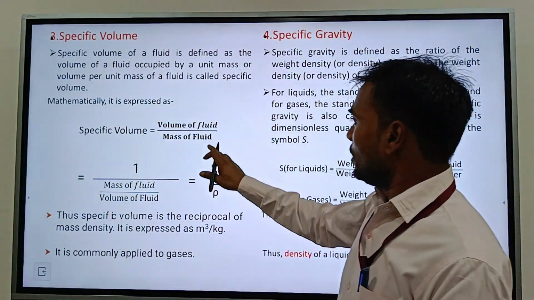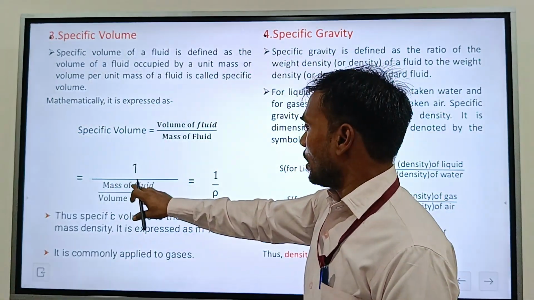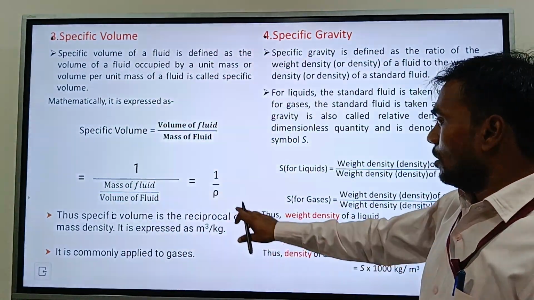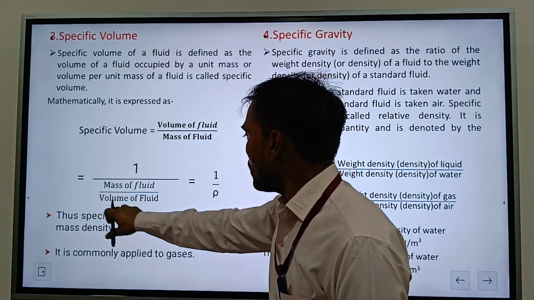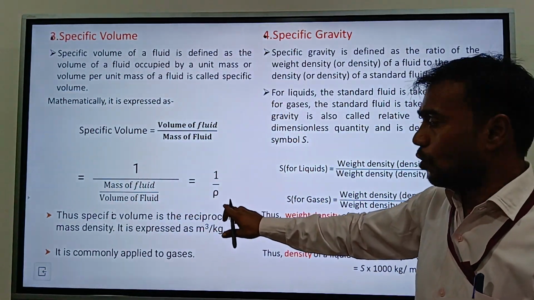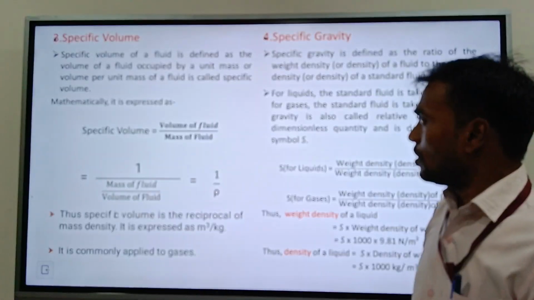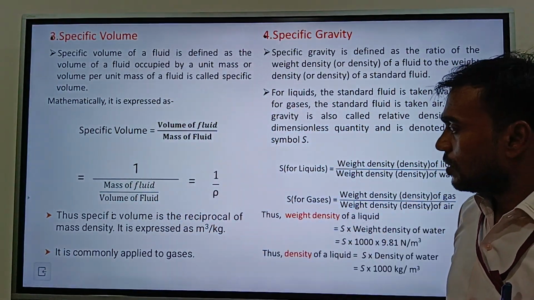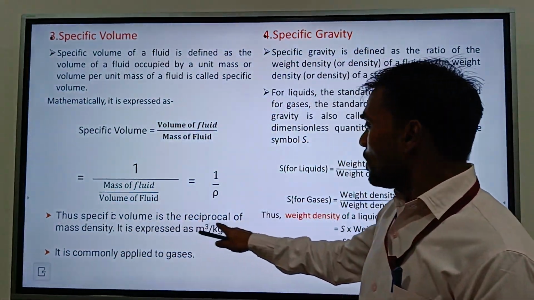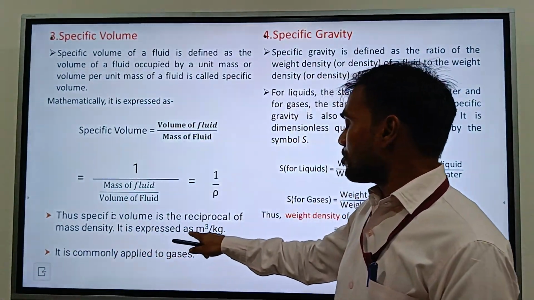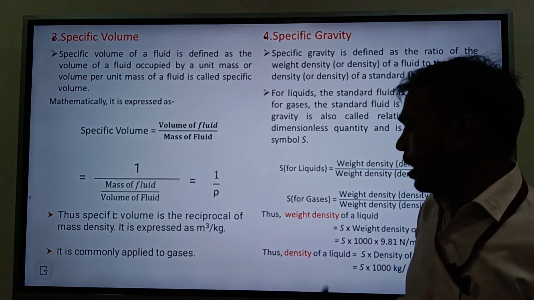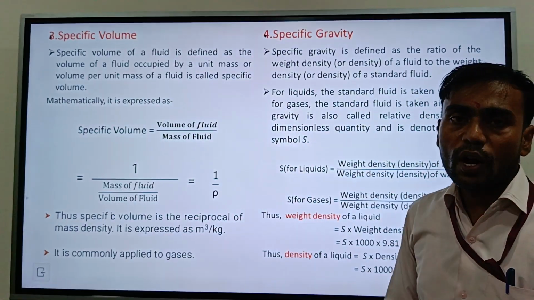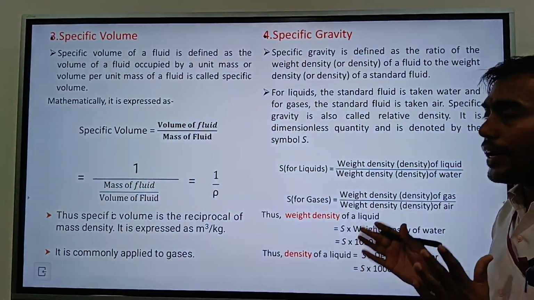In terms of mass density, we can write it as 1 divided by mass of fluid over volume of fluid, or simply this term can be replaced by the density rho, so it will be equal to 1 by rho. Specific volume is the reciprocal of the mass density. It is expressed as meter cube per kilogram. It is basically applied to gases.